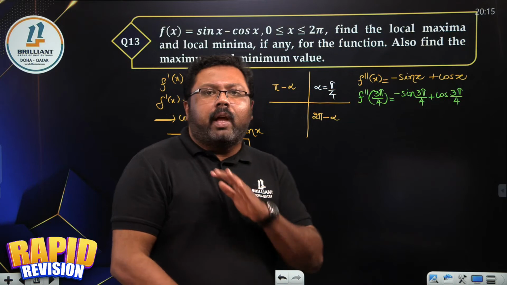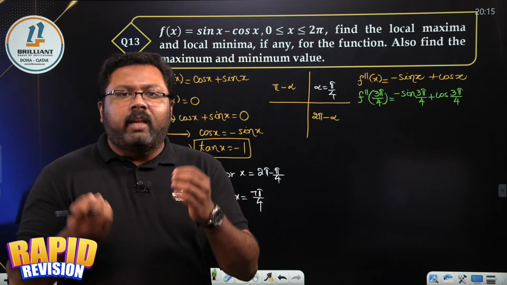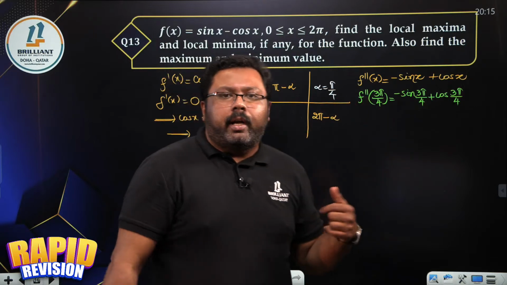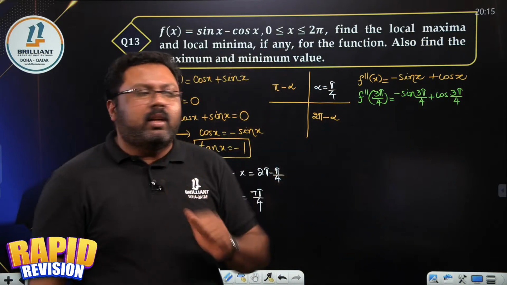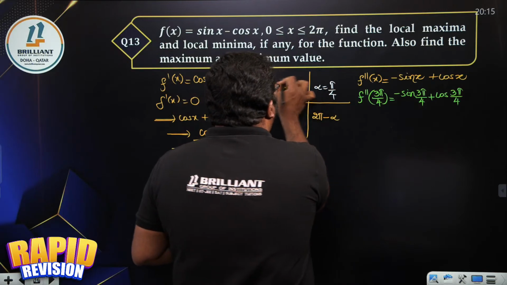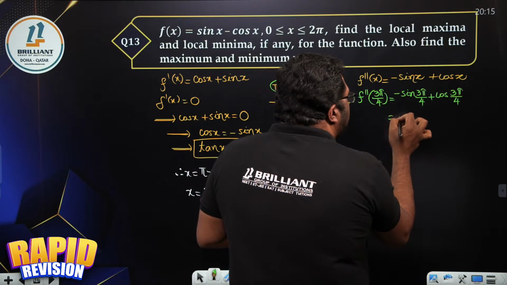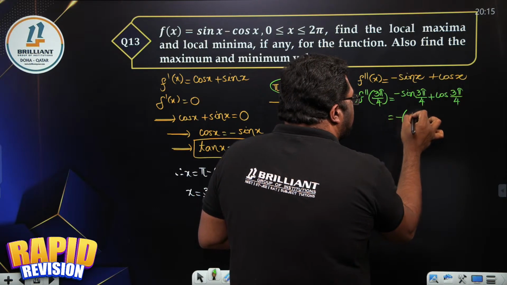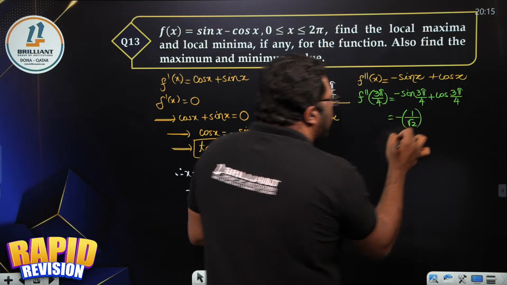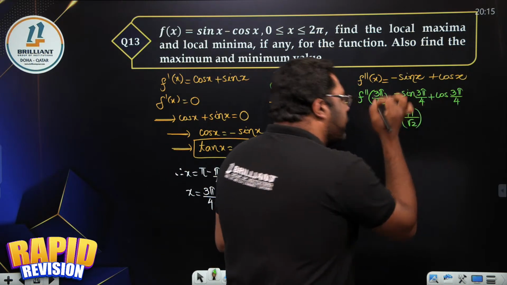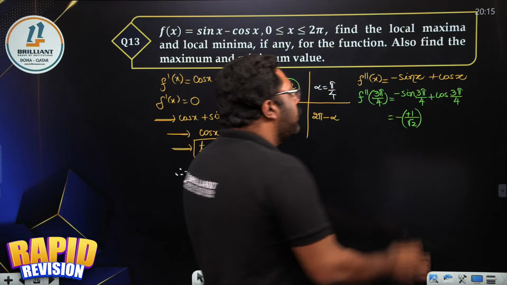Pi by 4 is 45. And giving an easy technique, pi by 4 represents 45, but we need to know which quadrant. 3 pi by 4 belongs to the second quadrant, where sine is 1 by root 2. There is already a negative sign, but in the second quadrant the sign is positive, so positive 1 by root 2.